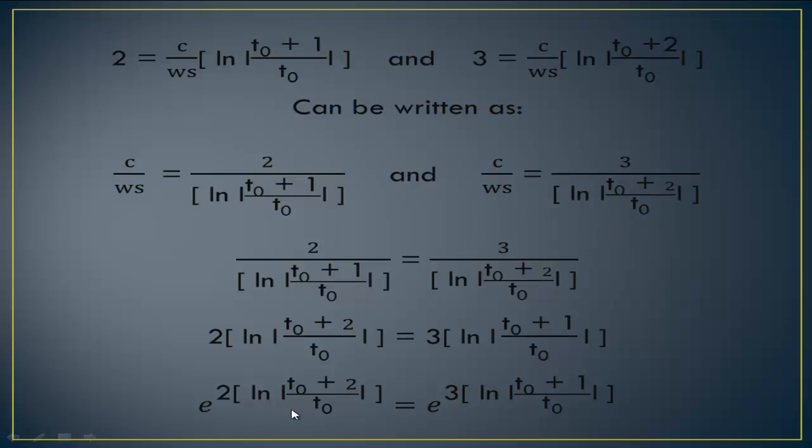So we will get e to the power 2 ln((t sub 0 plus 2) over t sub 0) equals e to the power 3 ln((t sub 0 plus 1) over t sub 0).